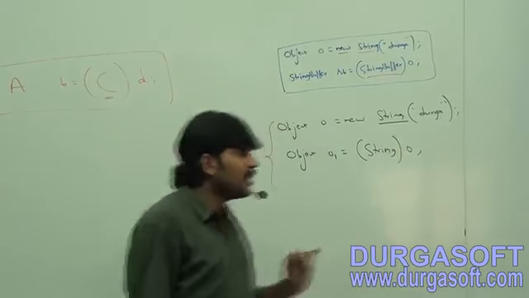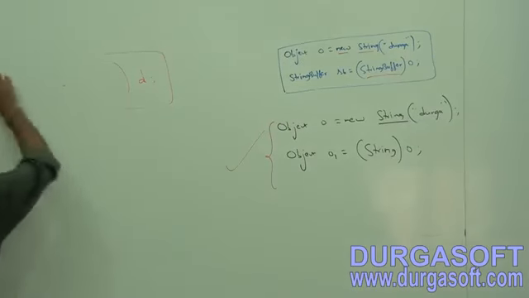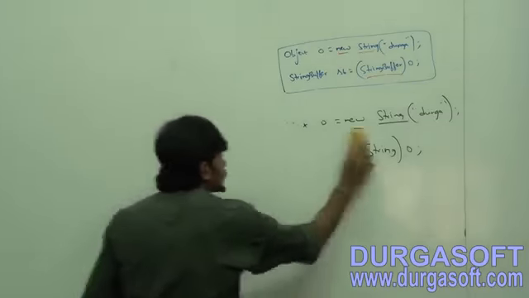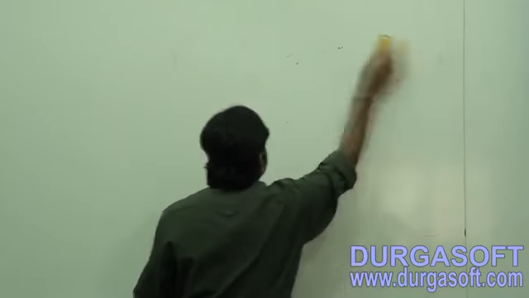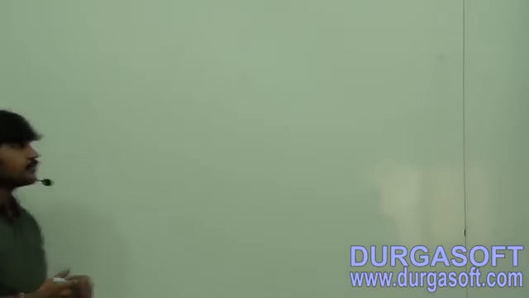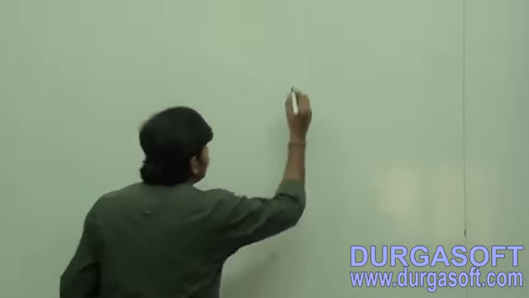Now let me explain some examples based on these 3 rules. Observe this example well. I have the Object class.